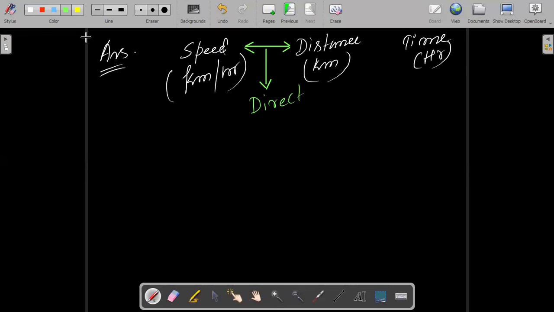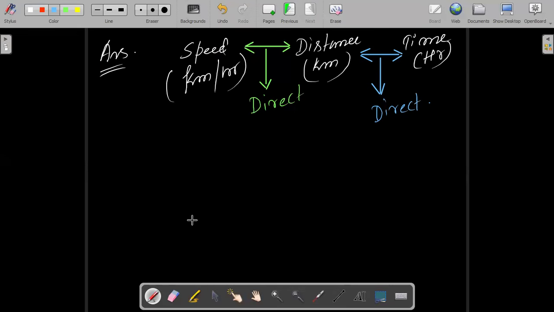Now, what is the relation between distance and time? Same logic. For less distance, you need lesser time. Again, direct.